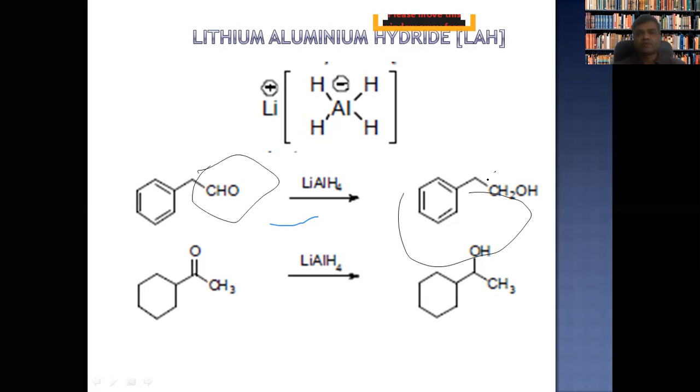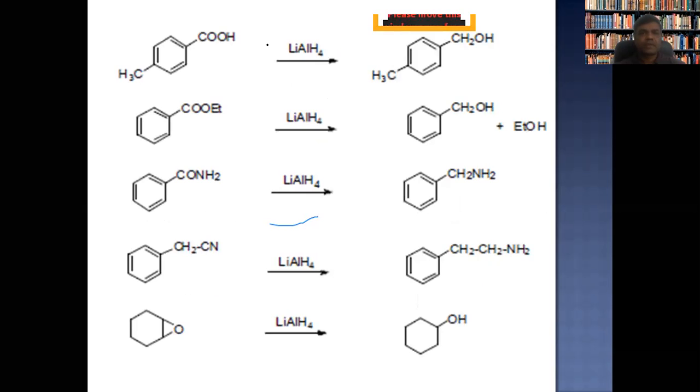It is reduced to primary alcohol. This is ketone. Ketone is reduced to secondary alcohol. This is the carboxylic acid group, and that carboxylic acid group is reduced to CH2OH. As I told you, ester is also reduced to CH2OH, like primary alcohol.